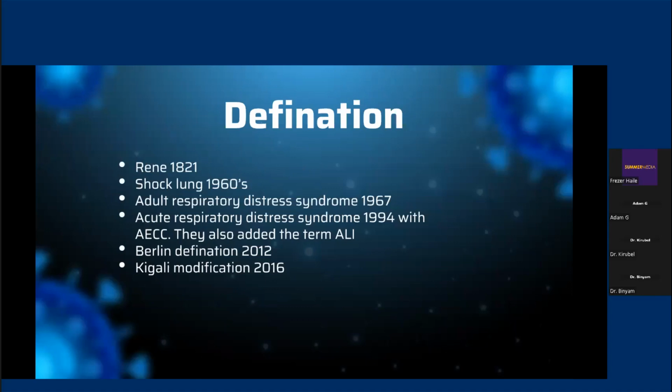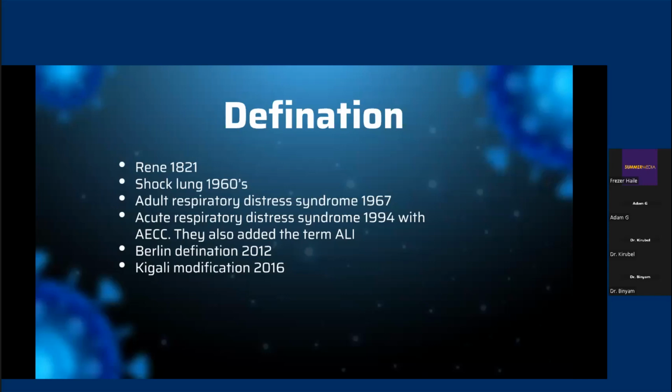To say something about the definition: in the 1960s, clinicians started to say shock lung, and in 1967 it was named adult respiratory distress syndrome. After that, clinicians started to notice this syndrome in the pediatric population also, in addition to adults, so the name was supposed to be changed.